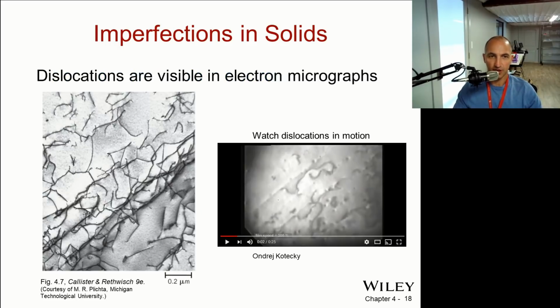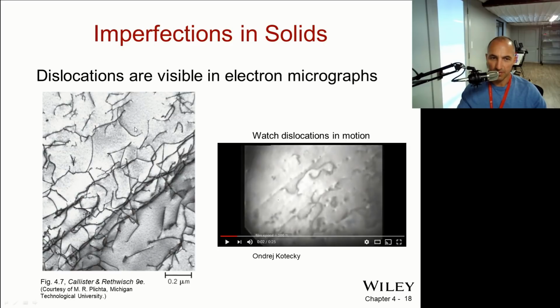All right, so dislocations are visible in an electron micrograph. This is using something called a TEM, or transmission electron microscope. It's able to resolve the highest resolution possible. It can resolve individual atoms.